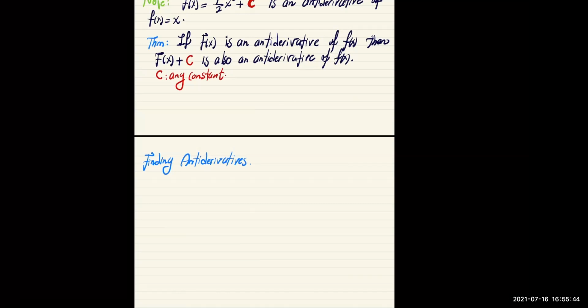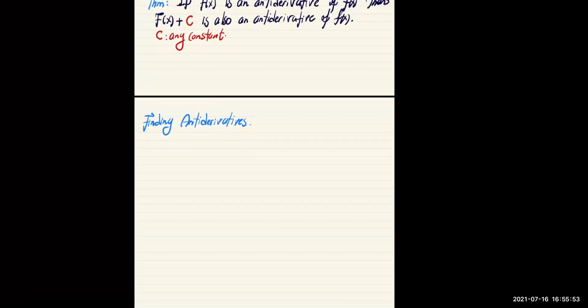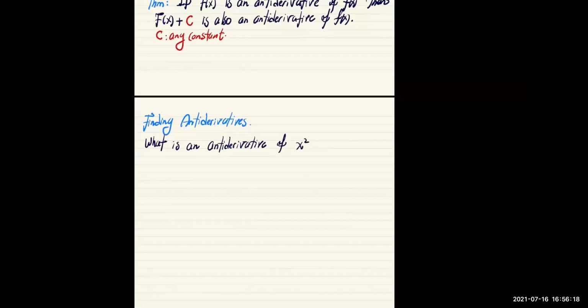If you're given a function and you are asked for the antiderivative of that function, so for instance, let's say you're asked to find an antiderivative of, let's say, I don't know, x squared.